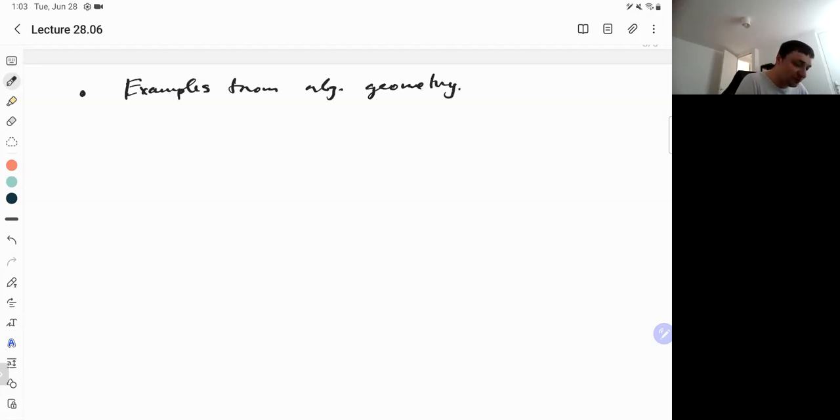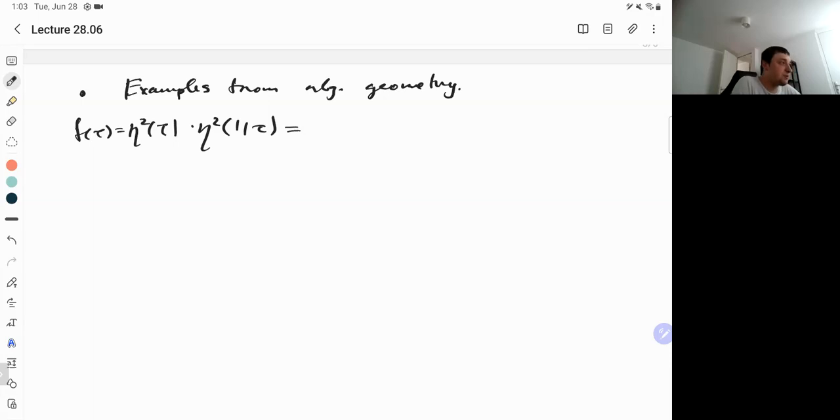This is related to the so-called modularity conjecture, which was proven in the early 2000s, but special cases of it were used by Wiles to prove Fermat's last theorem. If you look at this function f(tau), it is the product of eta squared of tau and eta squared of 11 tau, and eta is the eta function I defined before.